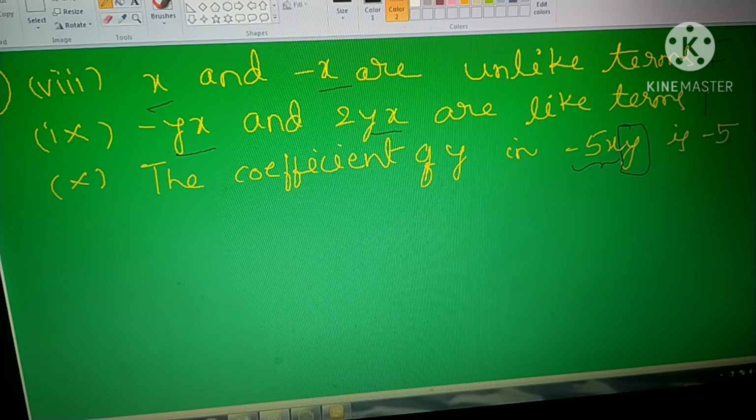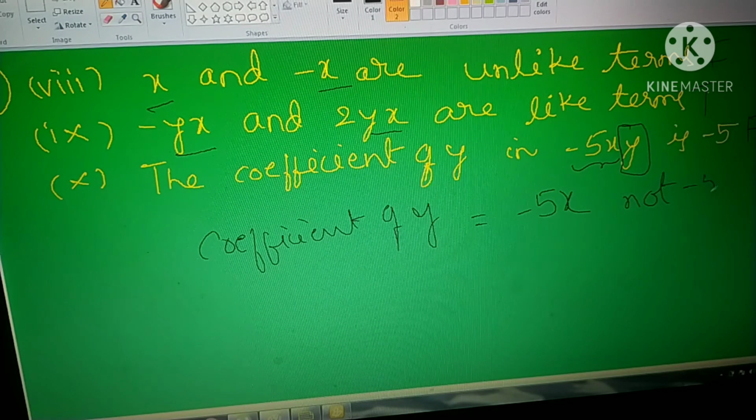They haven't written x here. So this is false. What is the coefficient here? Coefficient of y is equal to minus 5x, not minus 5. Here they have given minus 5, which is not correct. You have to write minus 5x.